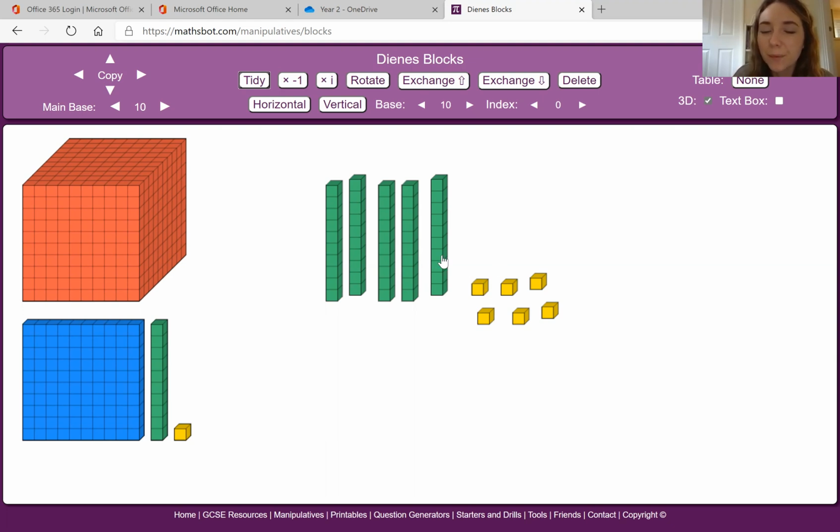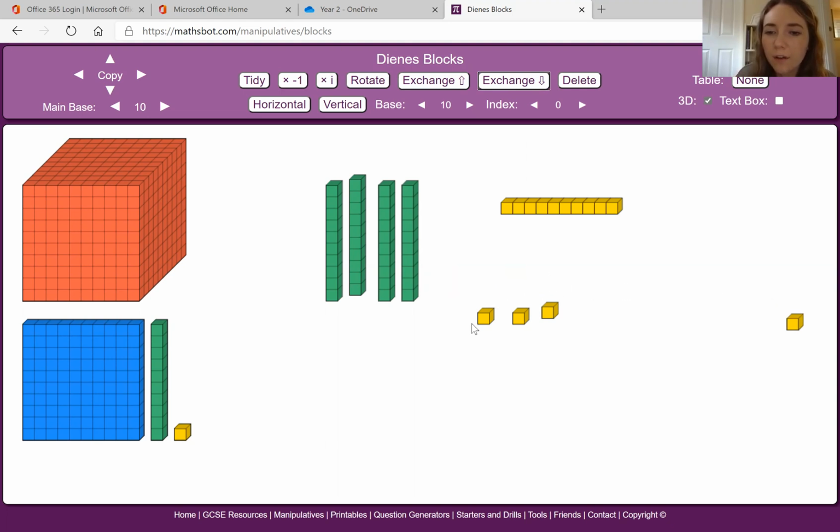We need to regroup. So we'll take this 10 and regroup that into 10 ones. Now we can take away 7. 1, 2, 3, 4, 5, 6, 7. Now we need to take away the tens.